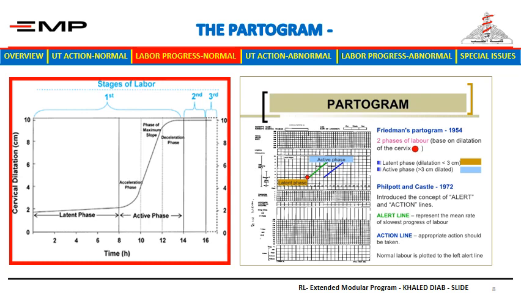New labor curves have been developed whereby some of the labor phases are expected to be longer compared to the Friedman labor curve. Discussion of the difference between the two labor curves and labor phases and duration is beyond the scope of the undergraduate student.